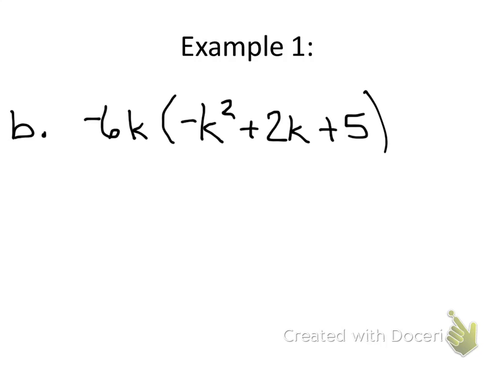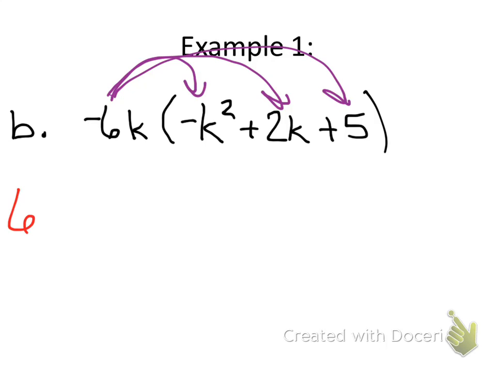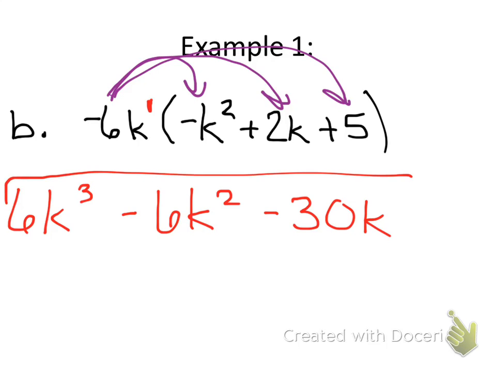I need to do distributive property and multiply negative 6k times negative k squared, negative 6k times 2k, and negative 6k times 5. Now remember to pay attention to those signs. So negative 6k times negative k squared would be positive 6k to the third. Remember, there's an invisible 1 here as my exponent, so 1 plus 2 is 3. Minus 12k squared minus 30k. And that would be my answer.